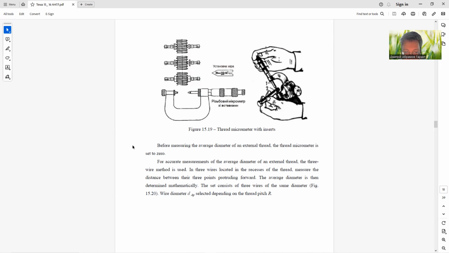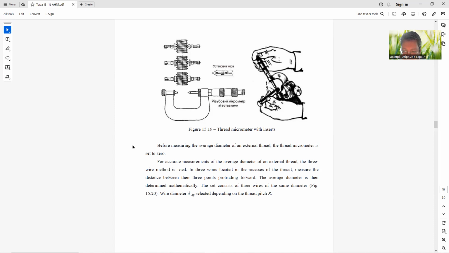For accurate measurements of the average diameter of an external thread, the 3-wire method is used. With 3 wires located in the recesses of the thread, measure the distance between their outermost protruding points.